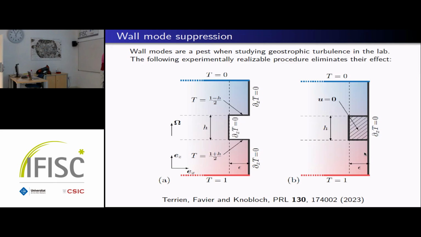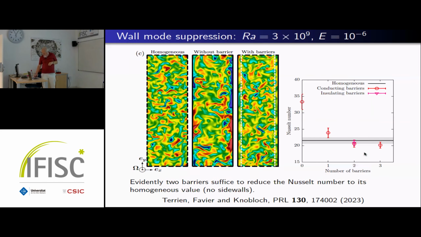I'm just shrinking it down. Tiny horizontal flake, and that's enough to kill the wall mode. And it has a huge effect on the Nusselt number. And that's important for people who try to study geostrophic turbulence in the laboratory, because as you can see, if you don't do that, your behavior is going to be contaminated by these wall modes.